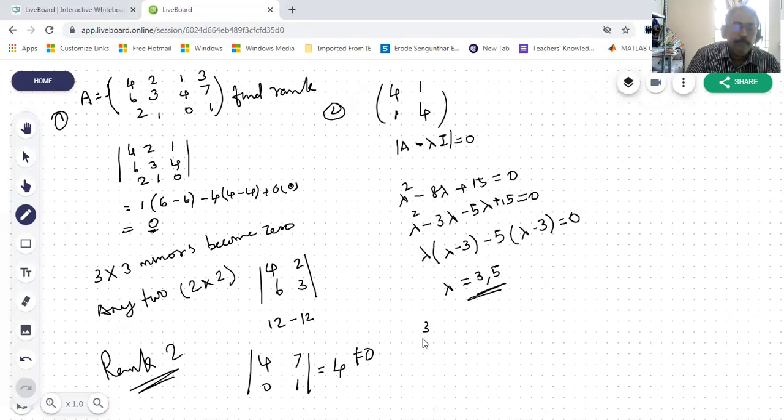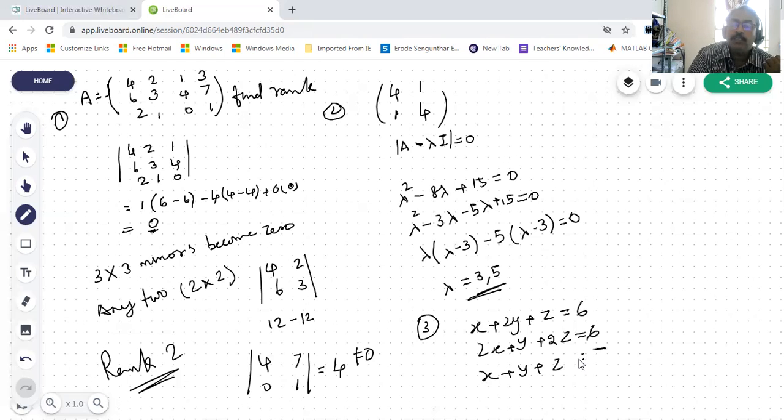Question number 3: we have the following simultaneous equations: x plus 2y plus z is equal to 6, 2x plus y plus 2z is equal to 6, x plus y plus z is equal to 5.